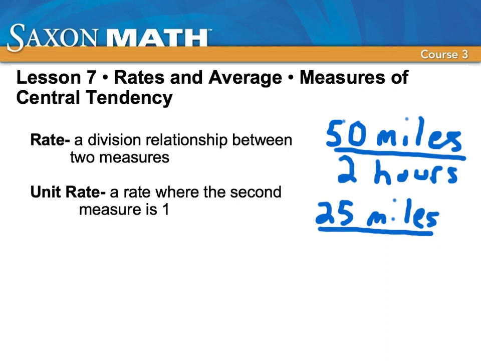So 50 miles for every 2 hours is the same as 25 miles for every 1 hour. This is a unit rate because this bottom number is 1. So a rate compares two things, and a unit rate compares two things, but one of the things has to be 1 specifically. Okay, let's go to some examples with rates.